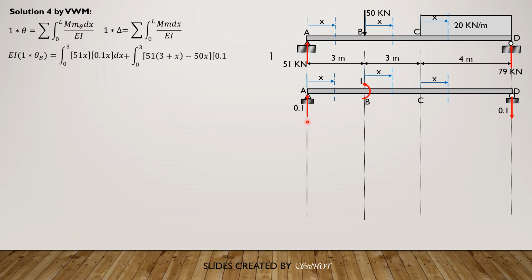Then for the small moment, 0.1 times 3 plus x minus 1, dx. Then for the last section, we have plus integral of 51 times 6 plus x minus 50 times 3 plus x minus 10x squared, or 20 times x over 2. So minus 10x squared. Then for the small moment, it is 0.1 times 6 plus x minus 1 only, dx.